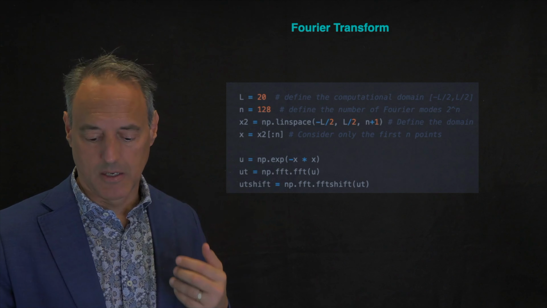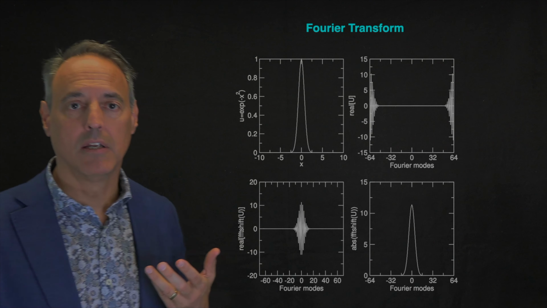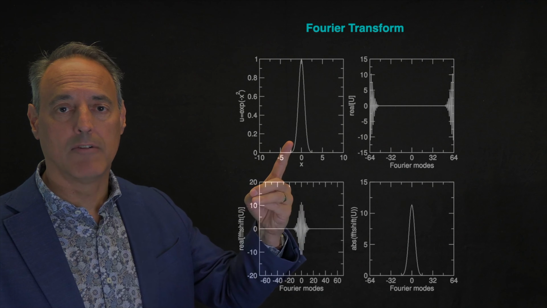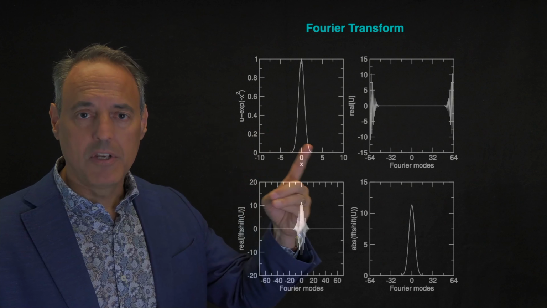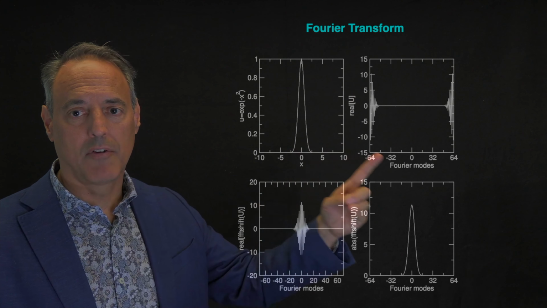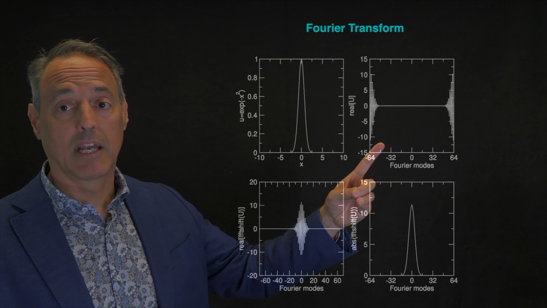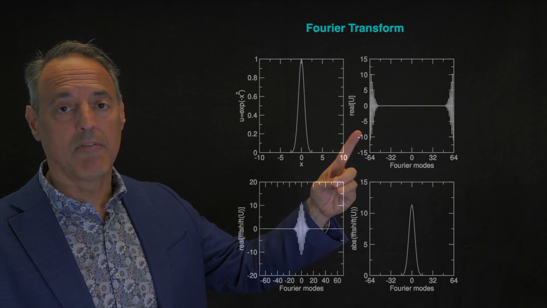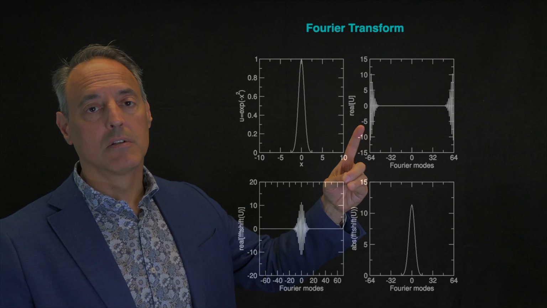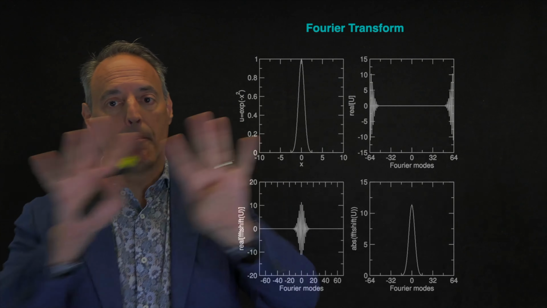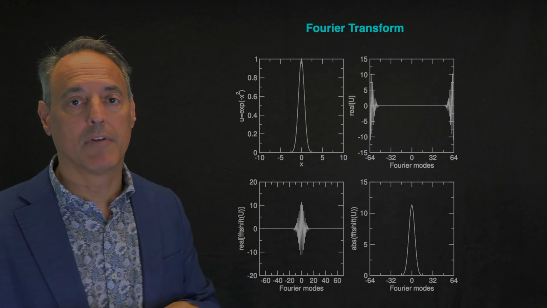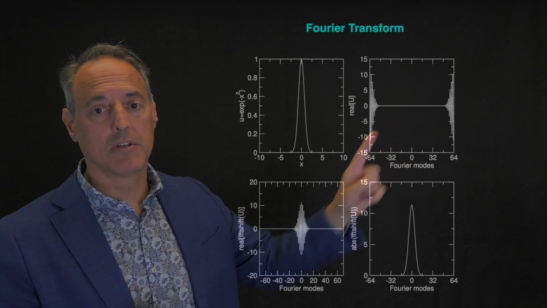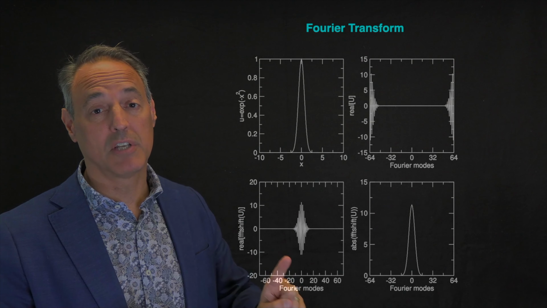but it does have a practical impact on what you're doing with the FFT. In particular, if you take the FFT, here's the Gaussian that we took the FFT of. The FFT of a Gaussian is a Gaussian, but of course when I take the FFT, this is what I get. It doesn't look like a Gaussian at all, right? You get these edges with large oscillations. And in fact, this is simply a consequence of that butterfly algorithm that we have for the FFT. So what the FFT shift does is it brings it back to this representation here.